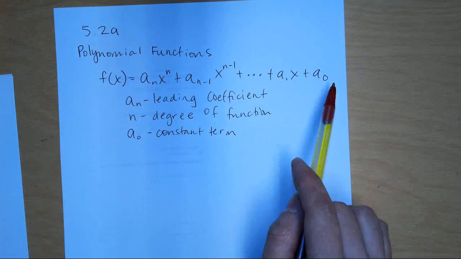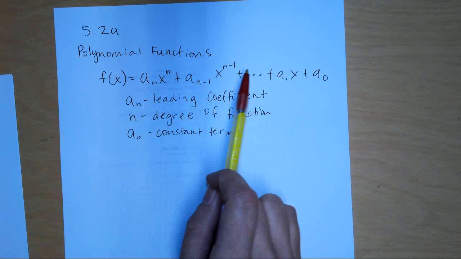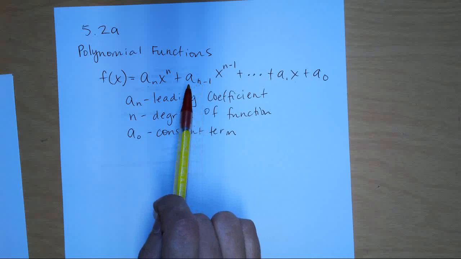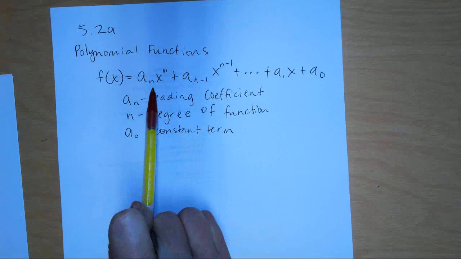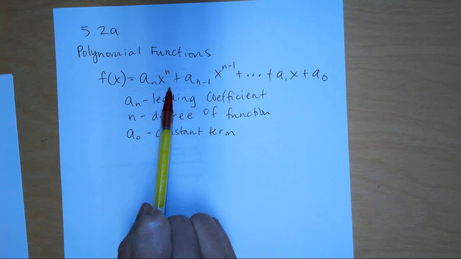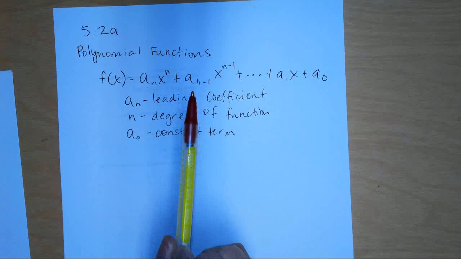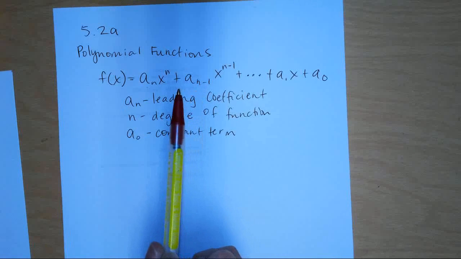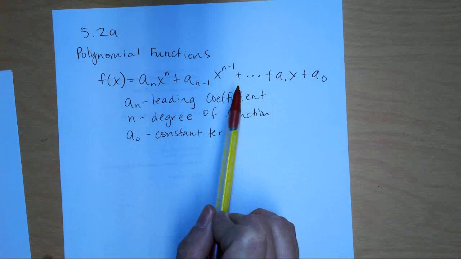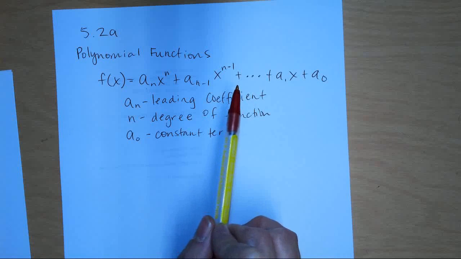Now, what this means is that these a sub n minus 1 are just coefficients, so those are just numbers. But the reason we identify it as a sub n is because this is the number that's in front of the nth power. So it's just a way to write this out arbitrarily, meaning for any numbers you could think of, for any kind of polynomial function, they'll all have this form. So it's just a way to identify what kind of functions would be polynomial functions.